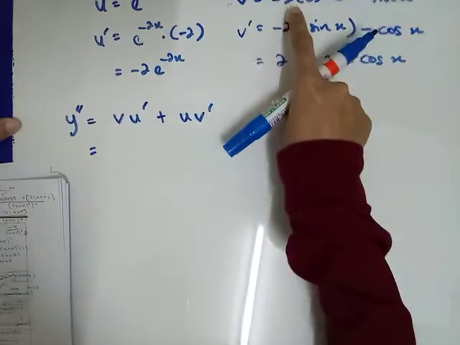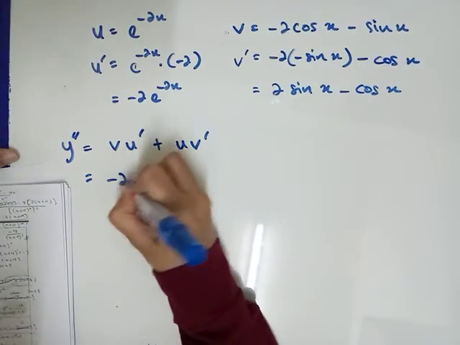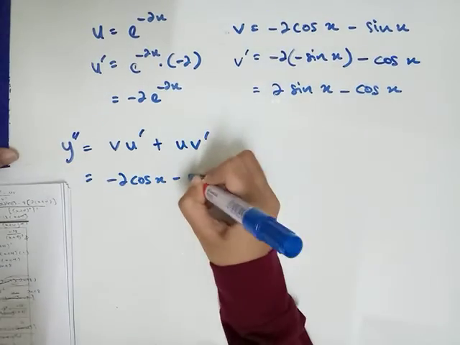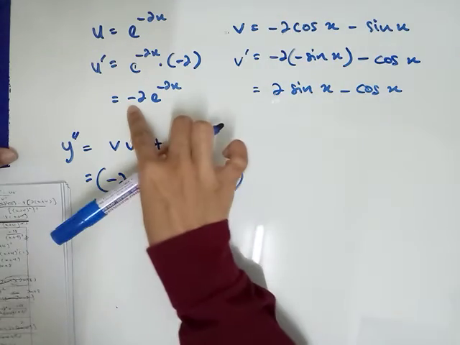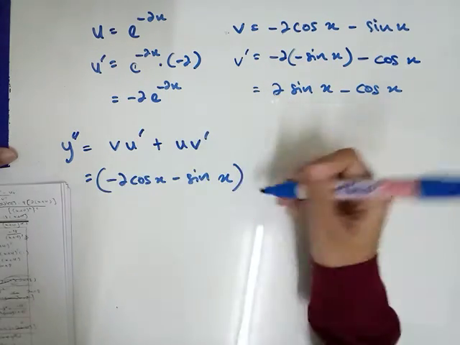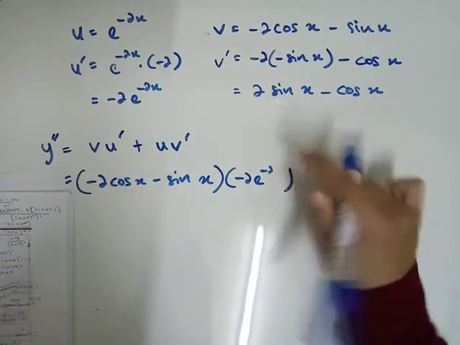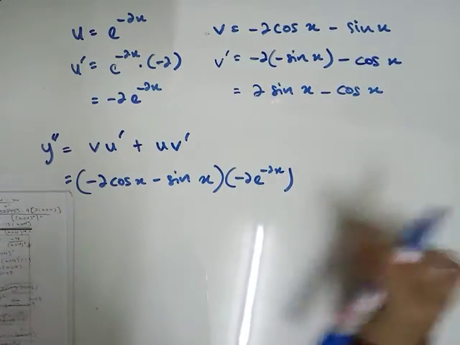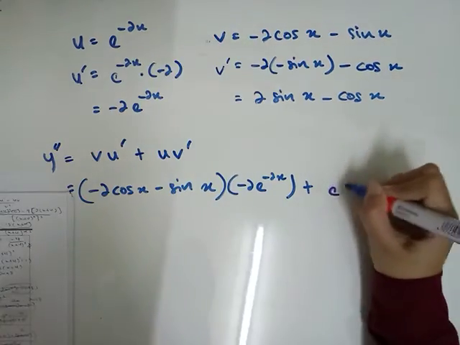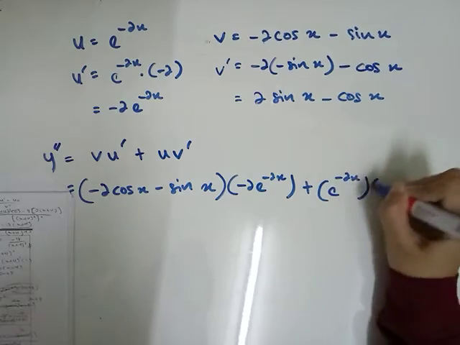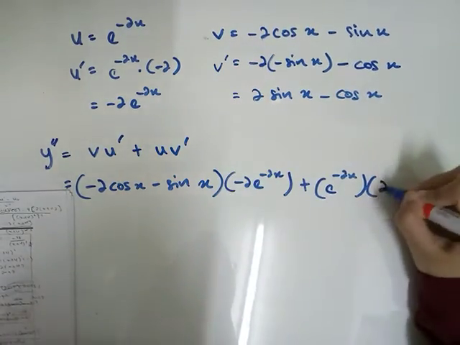So v is negative 2 cos x minus sin x, times u prime. U prime, this one, negative 2 exponent. And plus u is exponent times v prime, this one, 2 sin x minus cos x.